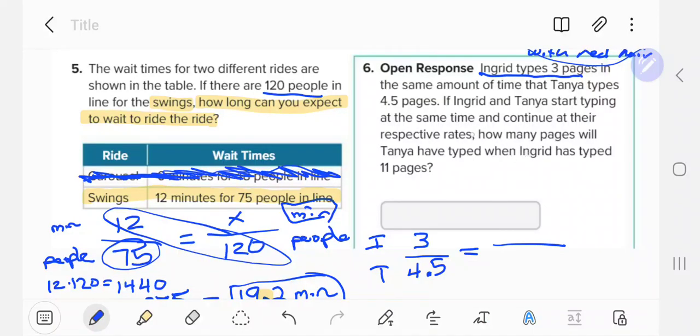So then it asks us the question. If they start typing at the same time, how many pages will Tanya have typed when Ingrid has typed 11? So where's that 11 going? Is it going up for Ingrid or down for Tanya? If I read it again, how many pages will Tanya have typed when Ingrid has typed 11? So Ingrid is given, Tanya is unknown.